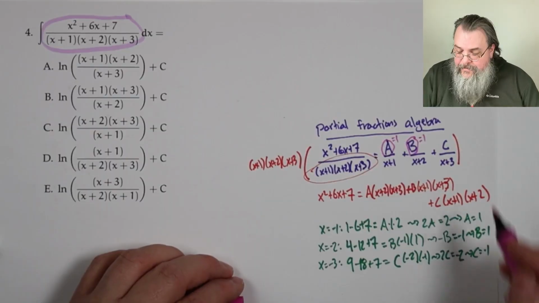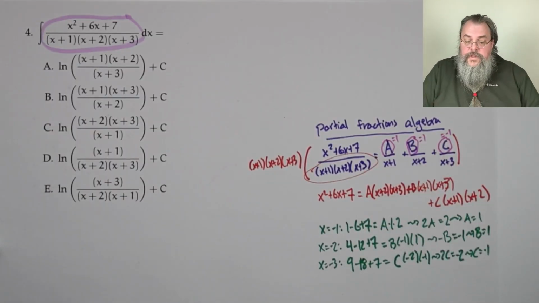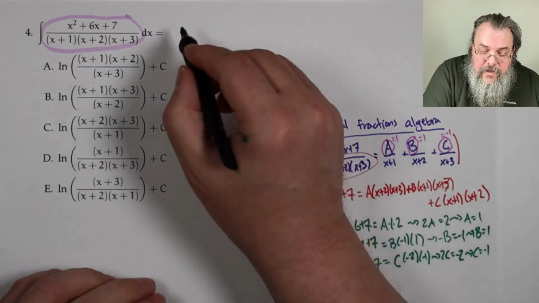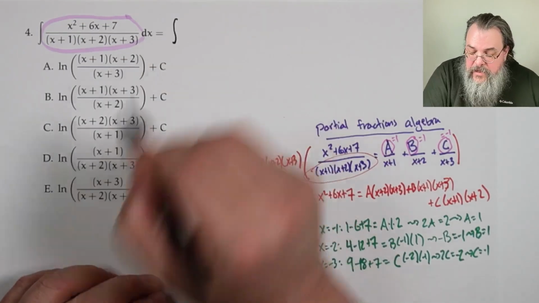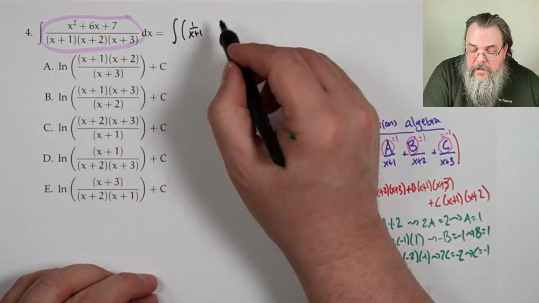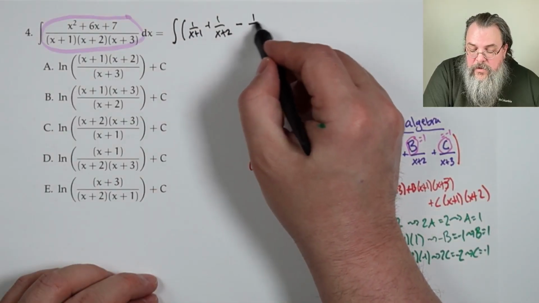And C is negative 1, so this is negative 1. Which is to say the following. All this work has been to get us to say this integral is really the integral of 1 over x plus 1 plus 1 over x plus 2 minus 1 over x plus 3.